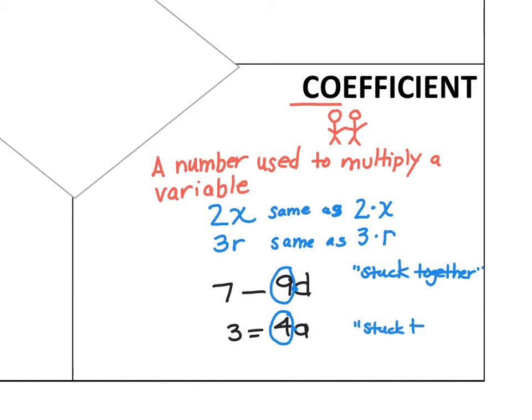In other words, they are stuck together. Again, we're going to have a quick little discussion with our partners about what a coefficient is, give each other some examples, and then we'll do one last activity. So go ahead and close out the video now, and we will do one last activity as a class.